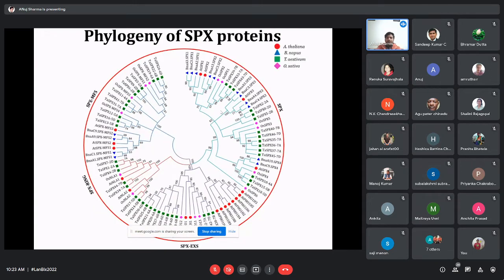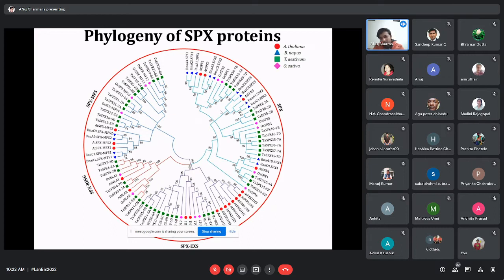Now, the phylogeny of SPX proteins we have conducted using MEGA tools. For that purpose we downloaded the Arabidopsis thaliana SPX genes, Brassica, wheat, and rice from Ensembl Plants. Based on this phylogenetic tree, we can conclude that there is consensus with the previous studies published for Arabidopsis thaliana and Brassica.